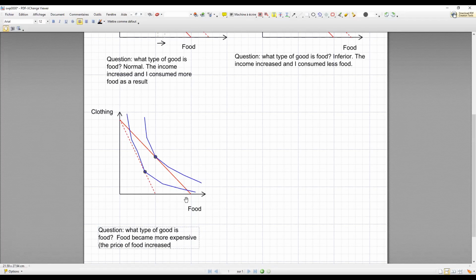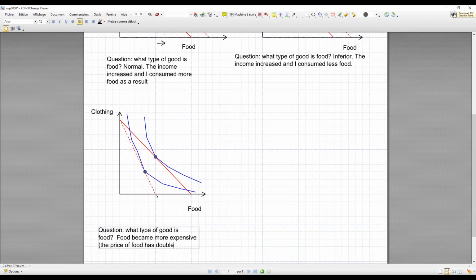Well, before I could spend my whole budget on clothing and I could buy this much clothing. After, I can buy exactly the same amount of clothing. So I know that my budget hasn't changed and the price of clothing hasn't changed because this is the same point. Now, before I could buy this much food, now I can buy half as much. So I know that the price of food has doubled.